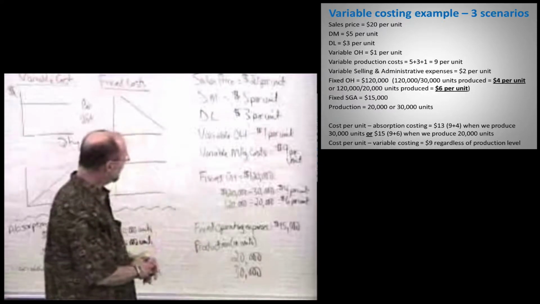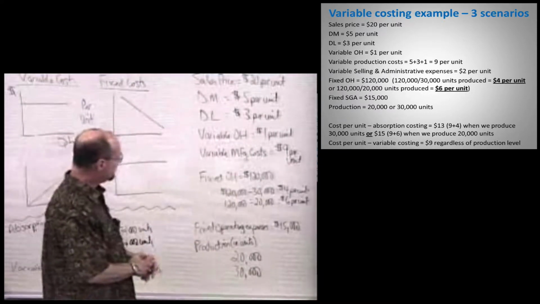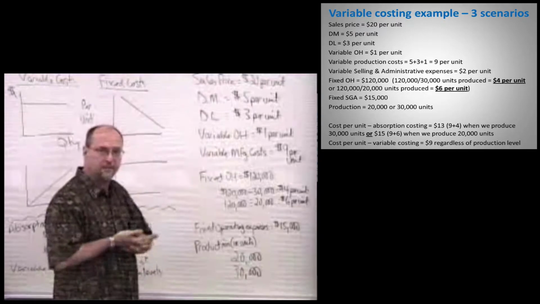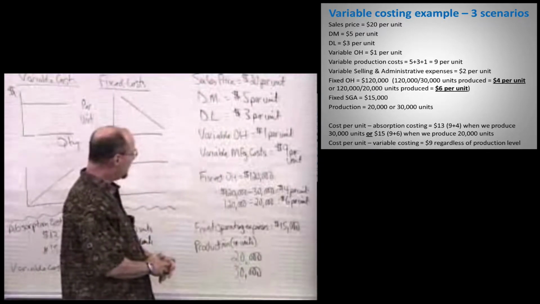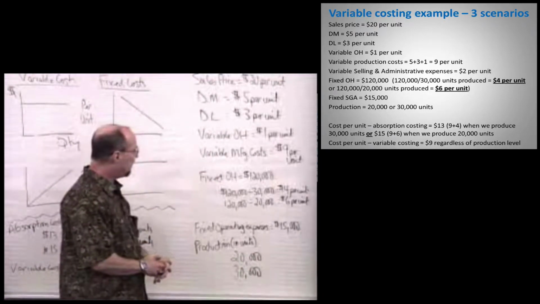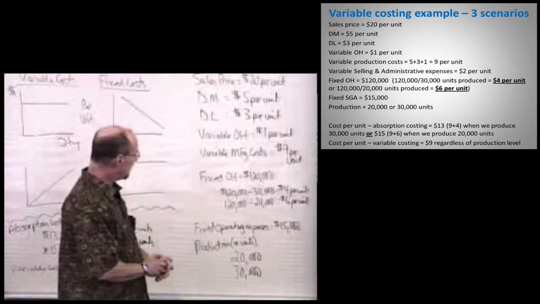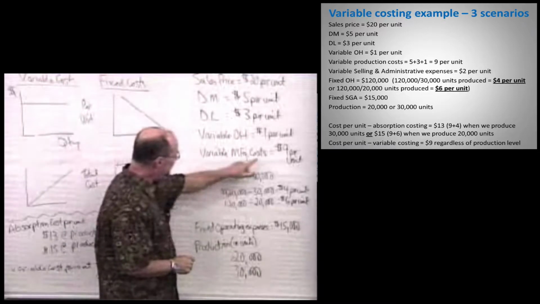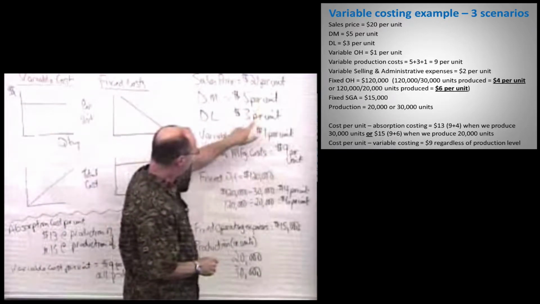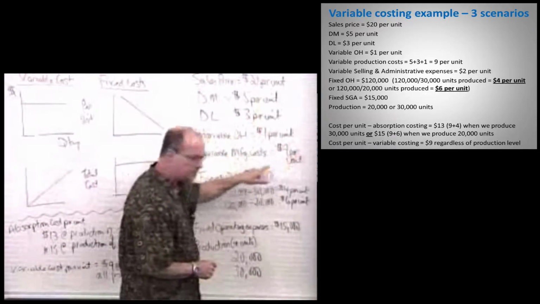Sales, $20 per unit. Our direct materials to make one product is $5 per unit. Direct labor is $3 per unit. Our variable overhead is $1 per unit. So notice, our variable manufacturing costs are 5 plus 3 plus 1, $9 per unit.